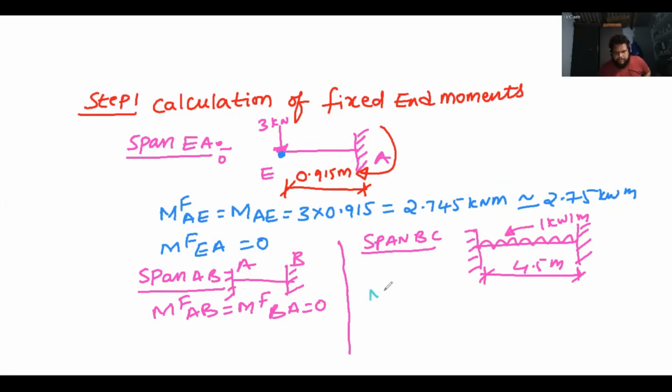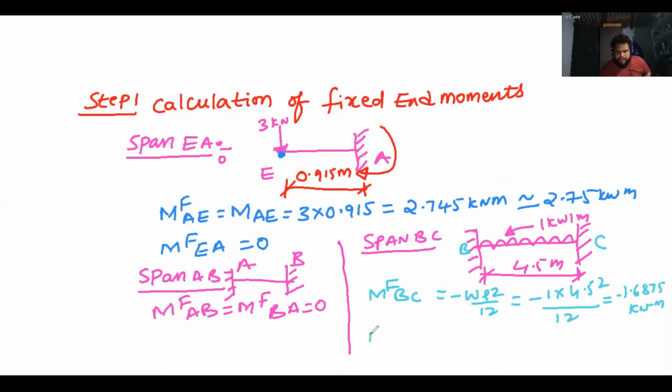So MFBC equals how much? WL square by 12, with a minus sign. So minus W L square by 12. W is 1, L is 4.5 square, divided by 12. If you do this, you will get minus 1.6875 kilonewton meter.